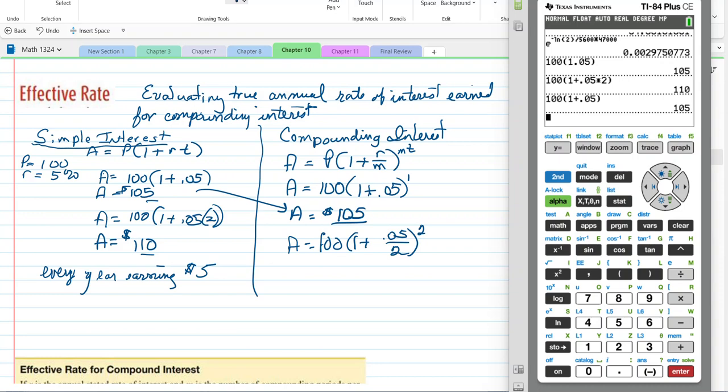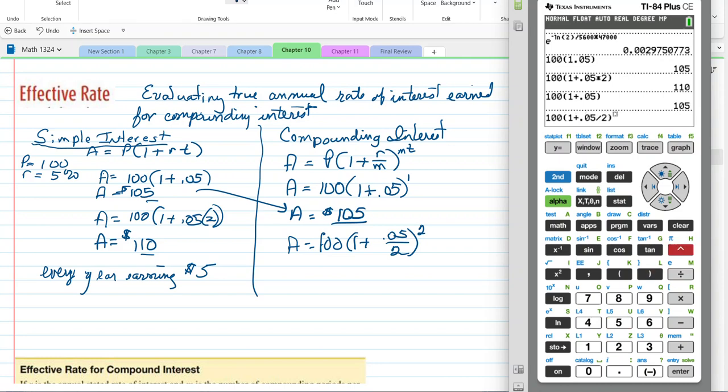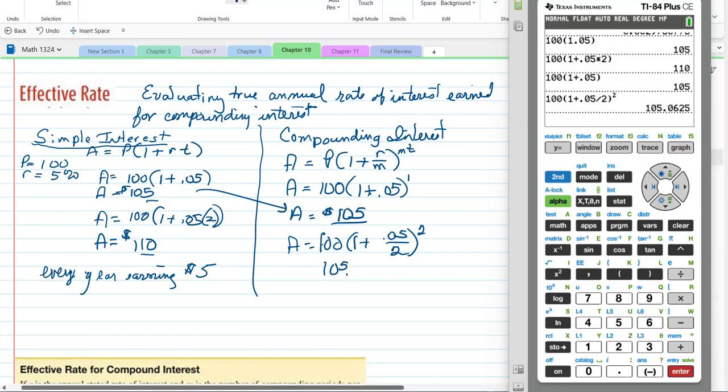So now what I have is, I should have done it for a bigger number, but it doesn't matter. 105.06 cents.